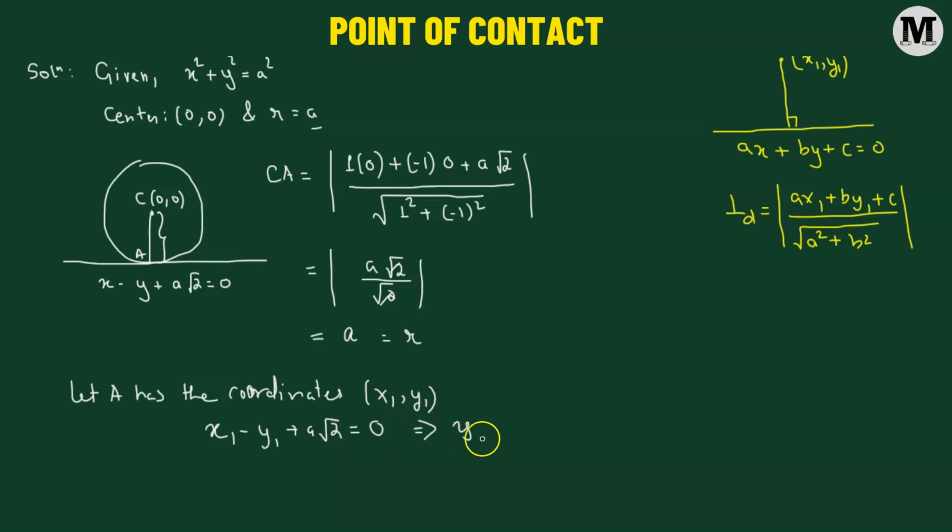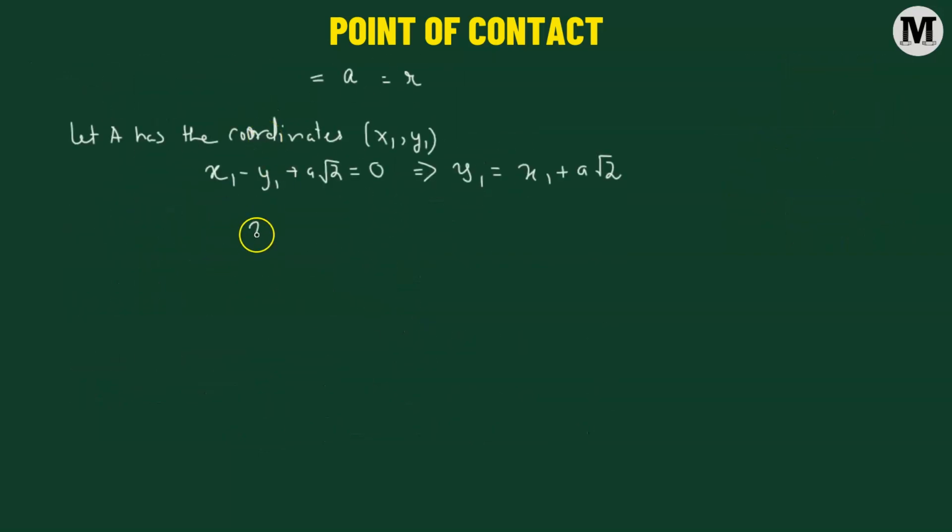So if we isolate y1 from here, y1 will become equal to x1 plus a times square root of 2. Now we can also use the equation of the circle, and we can say that the point A lies on the circle, so it has to satisfy the equation of the circle. So our equation becomes x1 squared plus y1 squared equals a squared.